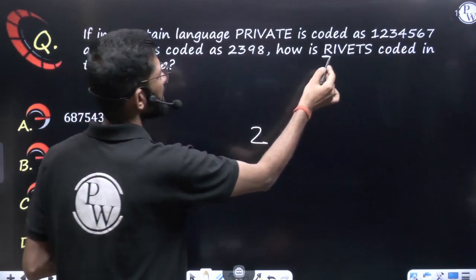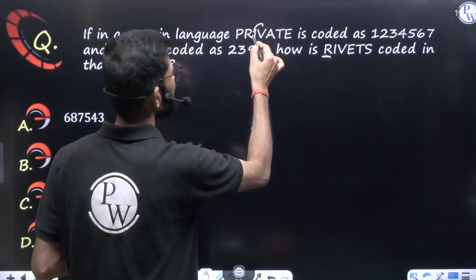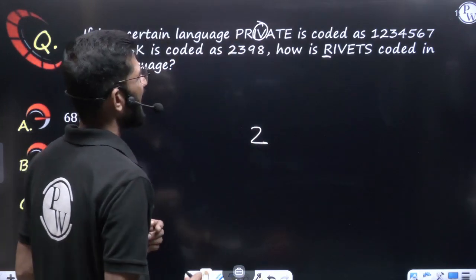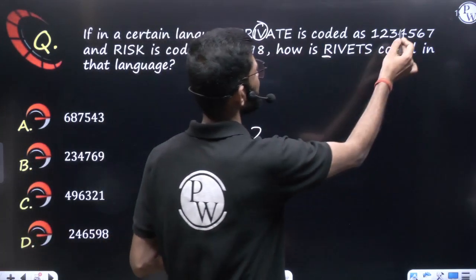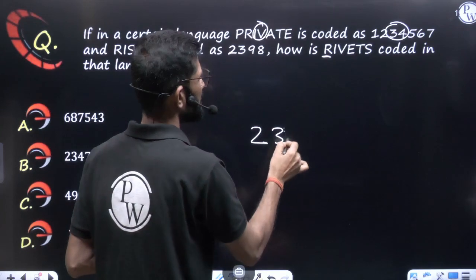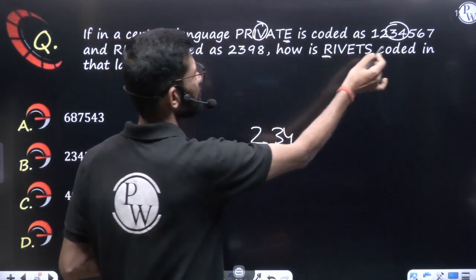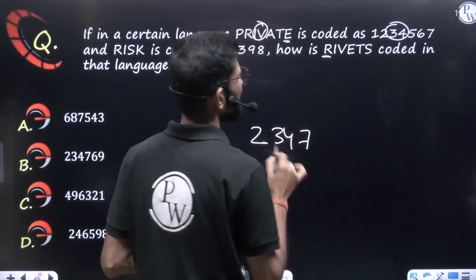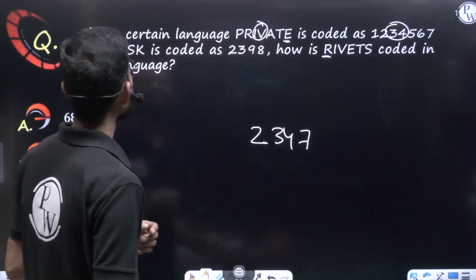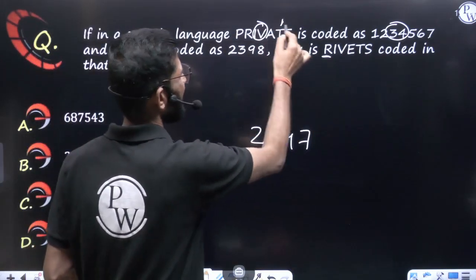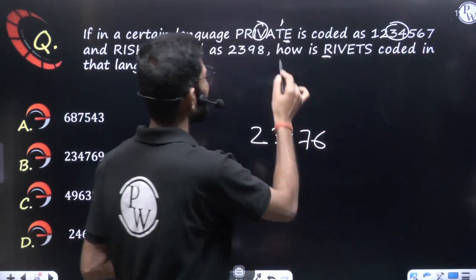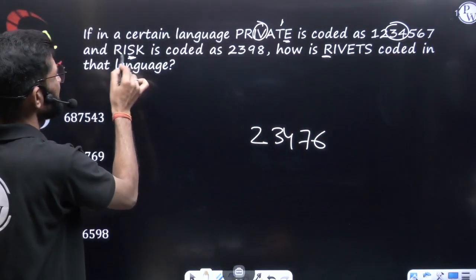IV you can get directly from private. IV means 3, 4. So 3, 4. Next ETS. E is the last one, that is 7. Next TS. T is here, second last, 6. S you can find in risk, the third letter.